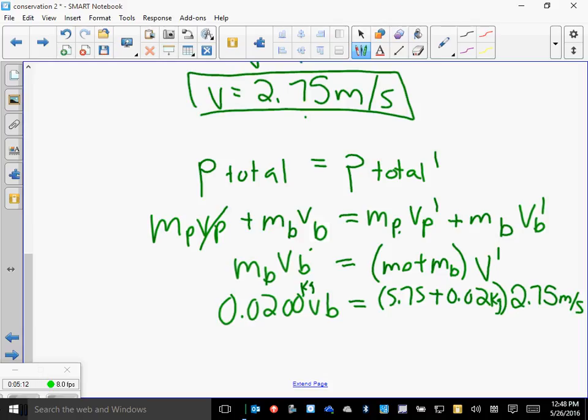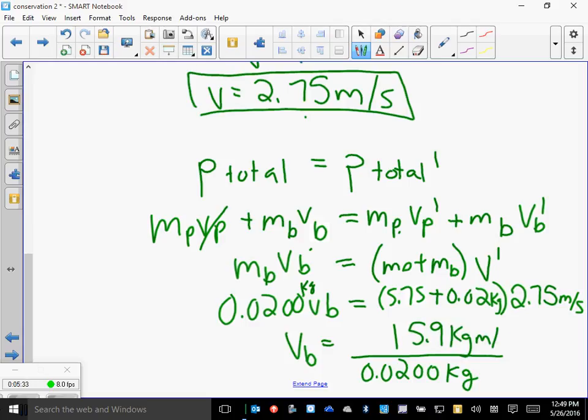Solving for the velocity of the bullet, we are going to divide both sides by 0.02 kilograms. We should have 15.9 kilogram meters per second when we calculate this side.